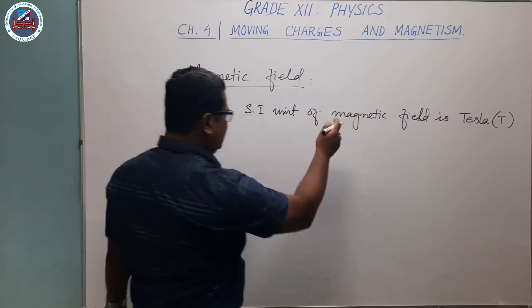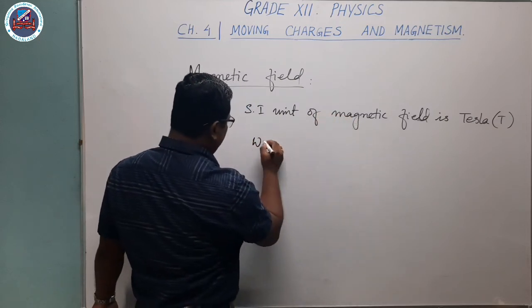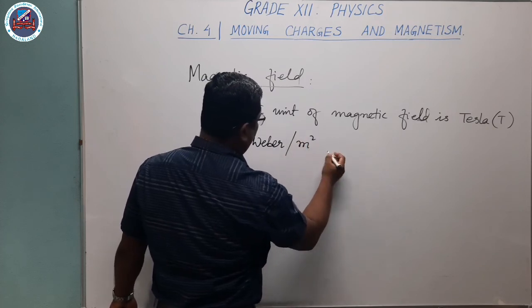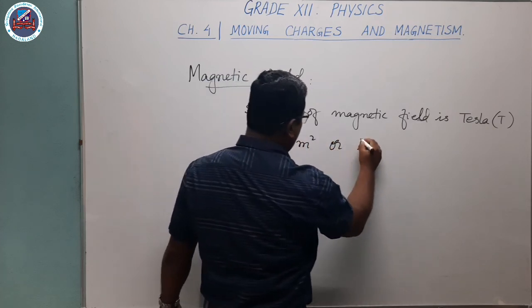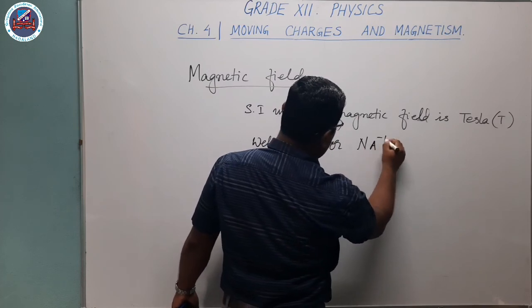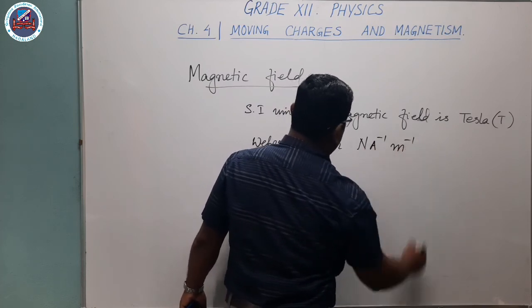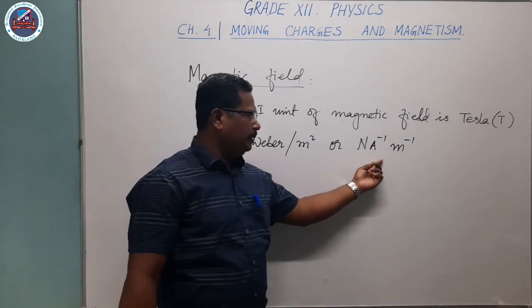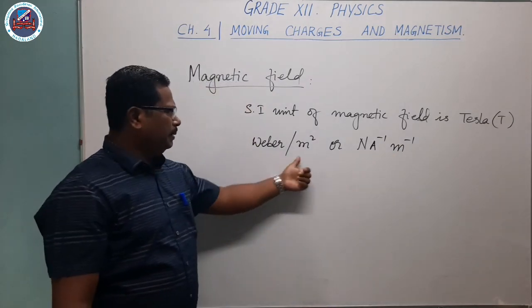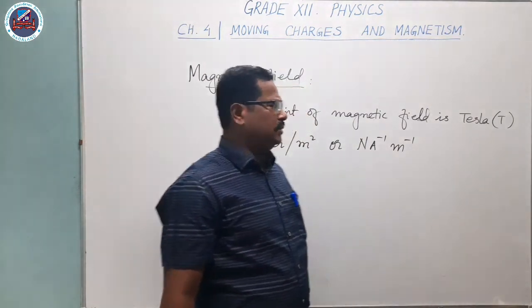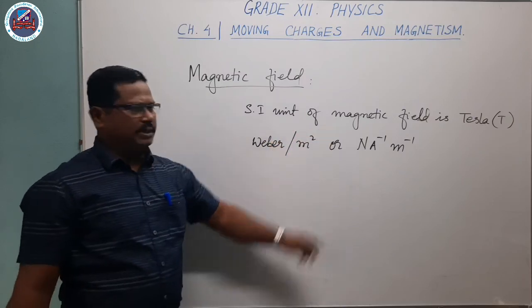Now this Tesla can be written as Weber per meter square, or Newton per ampere per meter. So Newton per ampere per meter or Weber per meter square, we call it Tesla. That is our SI unit of magnetic field.